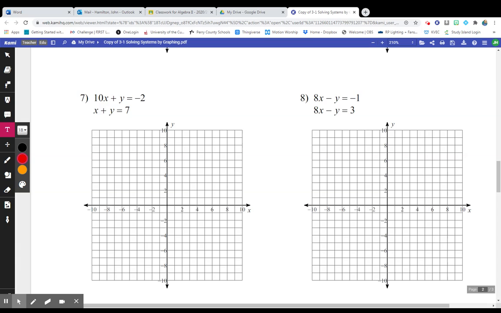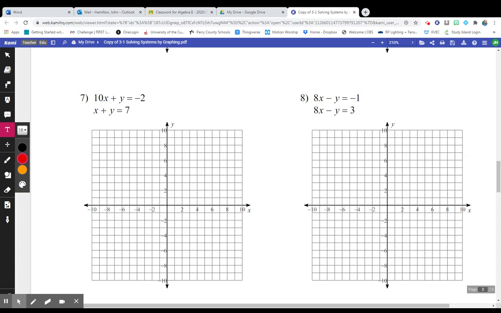We need this. Sorry about that. So if you notice in number 7, we do not have these in slope-intercept form. So if you're going to solve a system by graphing, then you're going to have to be able to rearrange these terms, okay? And that's a very useful thing.